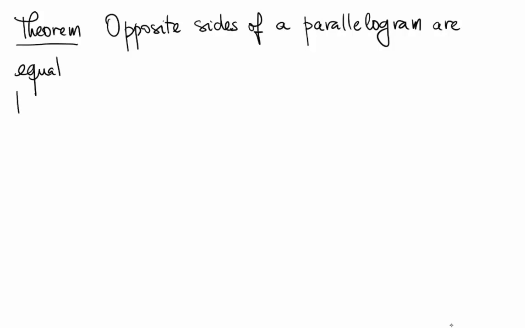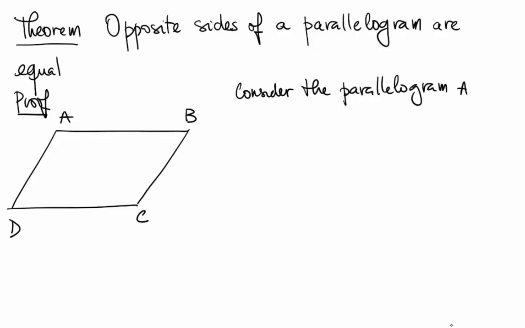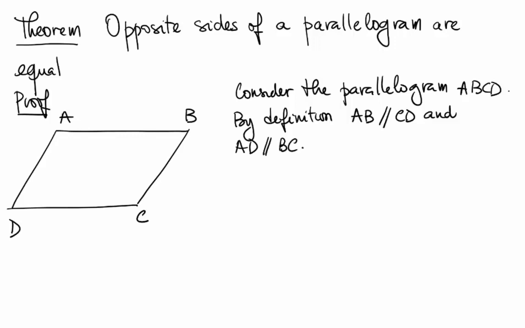Now, I will consider the following parallelogram: A, B, C, and D. Clearly, by the definition of parallelogram, we know that AB must be parallel to CD and AD is parallel to BC.